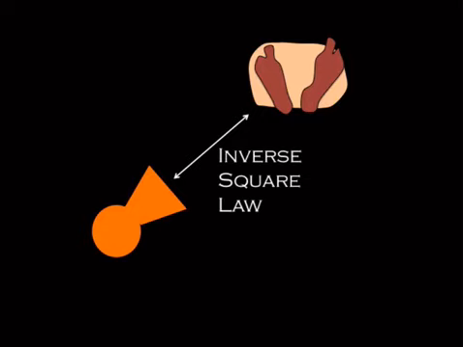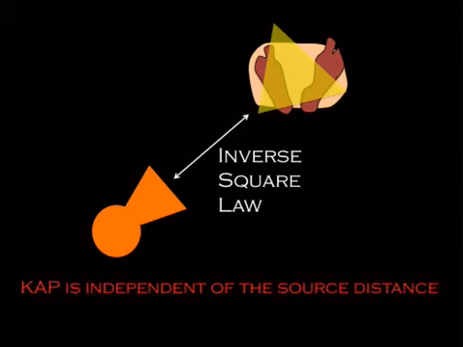But as the beam spreads out more, it's actually going to equal out, so that the KAP is not dependent on the location. So it's spreading out, you're losing here, but then it's compensated for the fact that you're losing there, and that's the same amount. So here's a take-home point: highly testable. It's independent of the source distance.